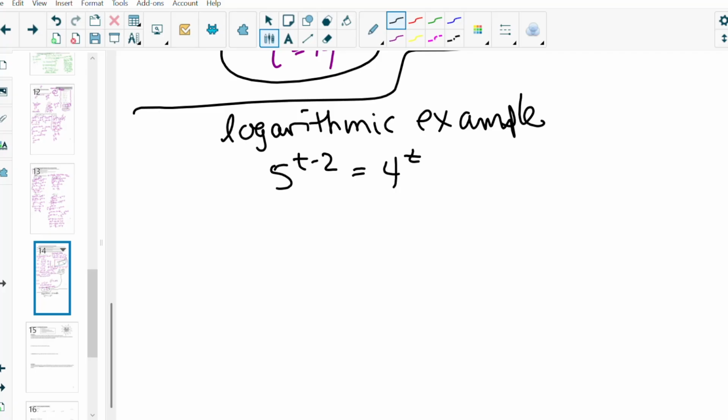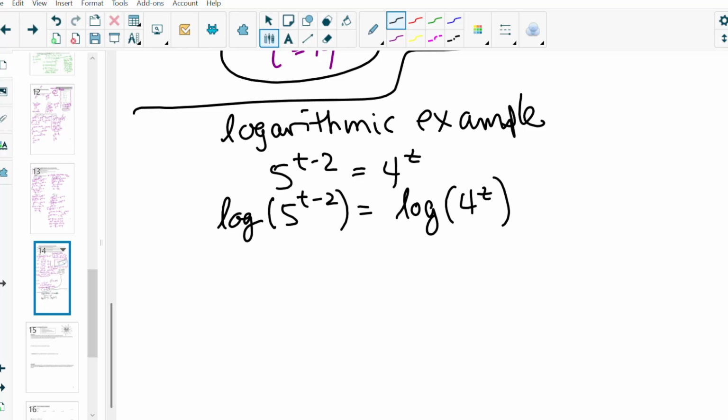I want to take the logarithm of both sides, right? So we're using the basic rules of equation solving, that what I do to one side, I do to the other. So when I take the logarithm of both sides, I use this notation called log. What I do to one side, I do to the other. Property of logarithm.